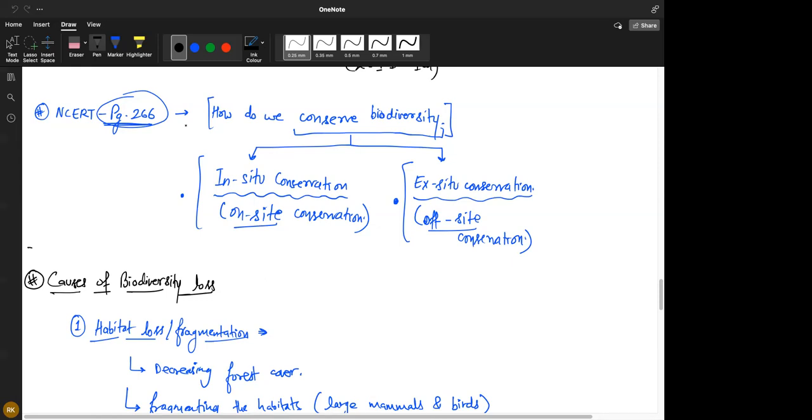So that kind of thing is called in situ. In in situ conservation, we are not just conserving the component, but everything associated with it in the ecosystem. So what are the 4 points that you think we should know for exams about in situ conservation? Shaheen.